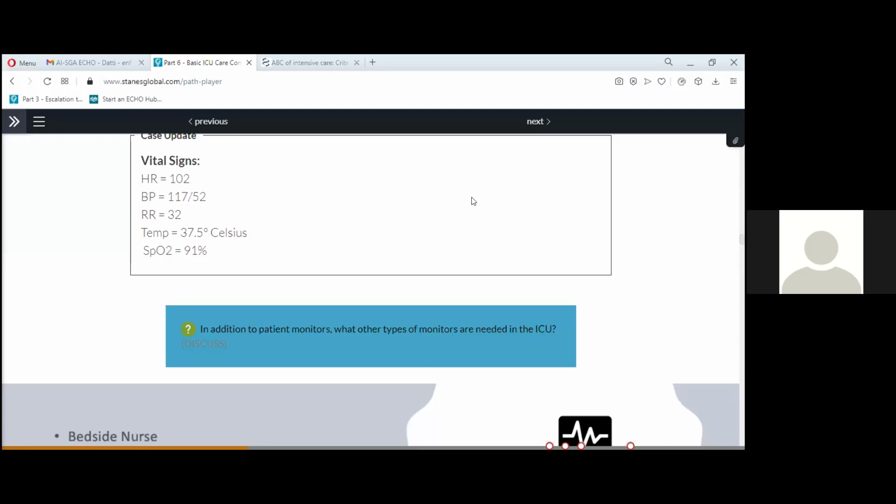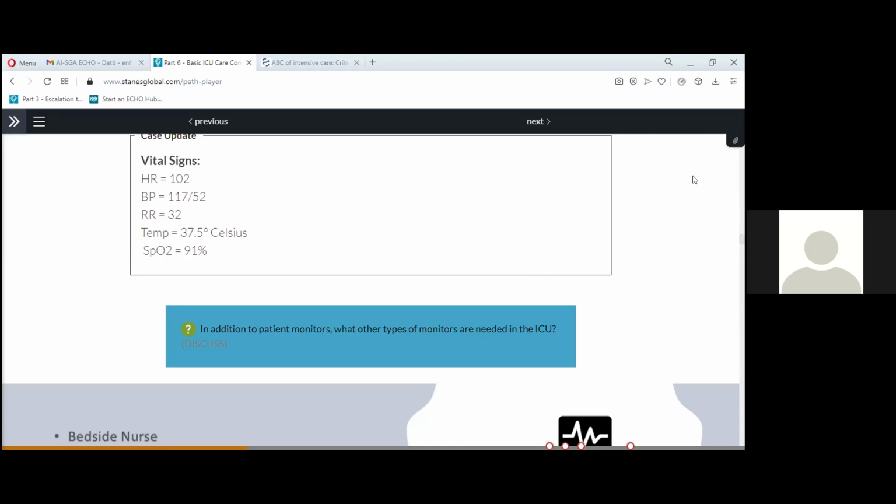EEG for patients with seizure, protracted seizure, status epilepticus, or some form of encephalopathy. Thank you so much. Okay, CTG, if we have a parturient, for continuous monitoring of the fetus. That's a good one, thank you.